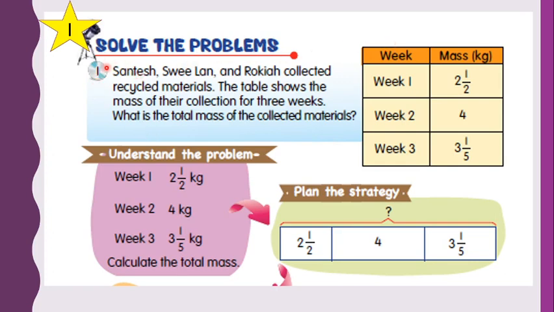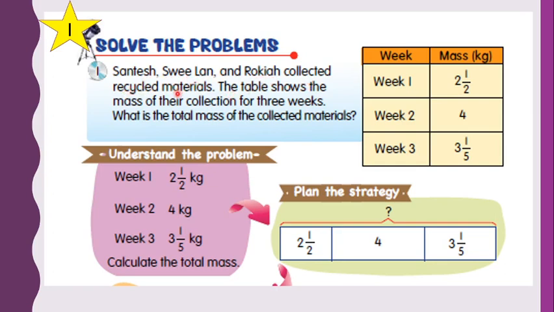So what you have to do is understand the situation, and then get the information given in the situation, right? So the situation is about three friends.